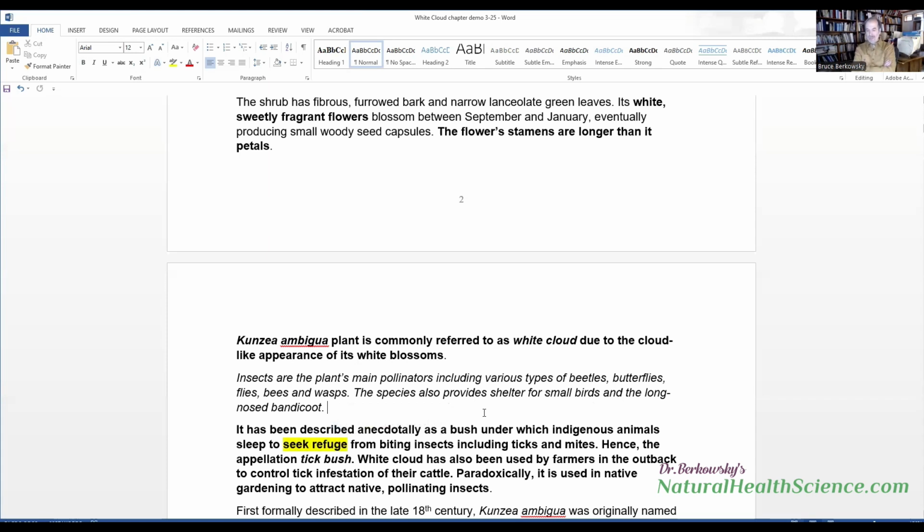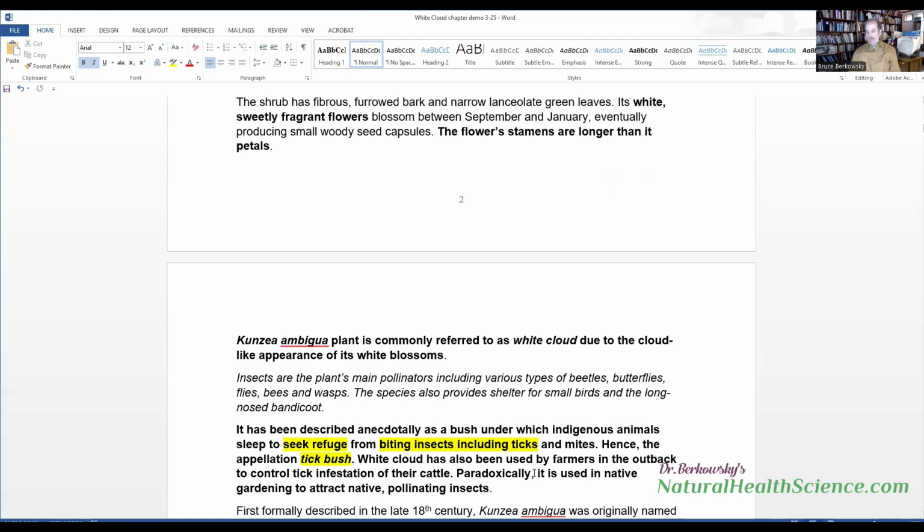This tells you something. Animals seek the plant for protection. Can this oil help protect me? So the animals are seeking protection from insects, from biting insects, including ticks and mites. Hence the appellation, the name, tick bush. So the Australians refer to it as tick bush.